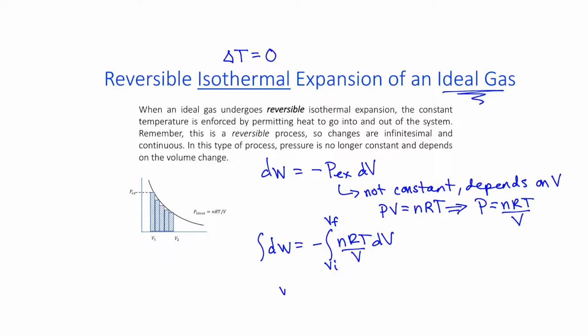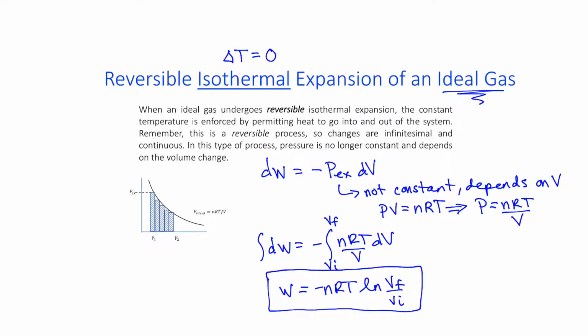You end up with work equals minus nRT natural log V final over V initial. So we have a new expression that allows us to easily calculate the work associated with a reversible isothermal expansion of an ideal gas.